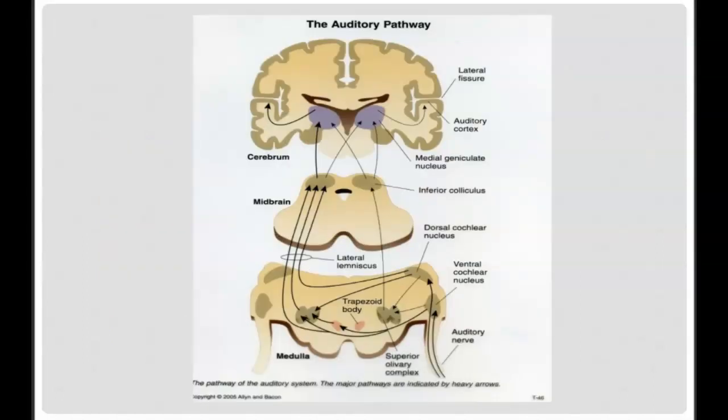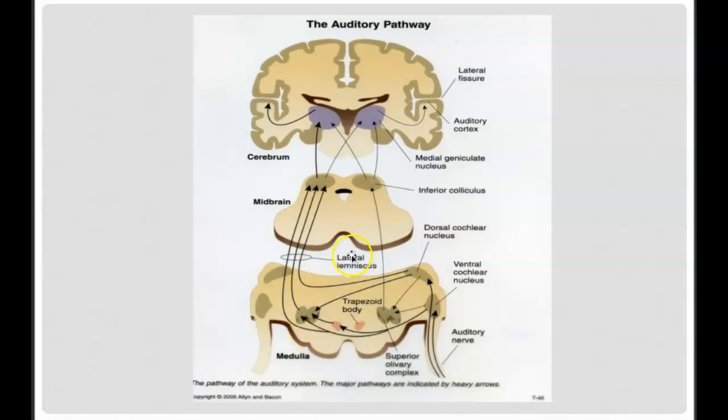Here's a review of the central auditory pathway. You have the auditory nerve, then the cochlear nucleus, which is the first station. In the middle, you have the superior olivary complex, a structure that's heavily involved in processing binaural information, information from both ears. This is where the brain takes information from both sides and extracts things like time differences and localization.